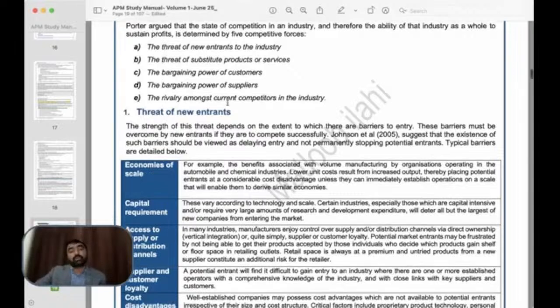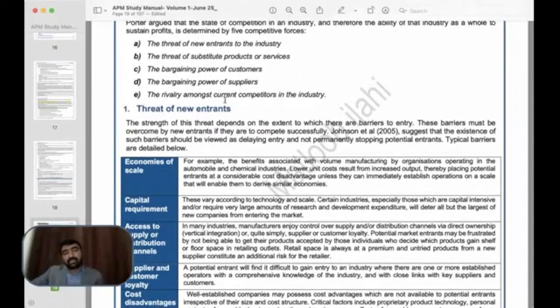Next, bargaining power. The point is, when threats are rising, how are businesses responding to these threats?